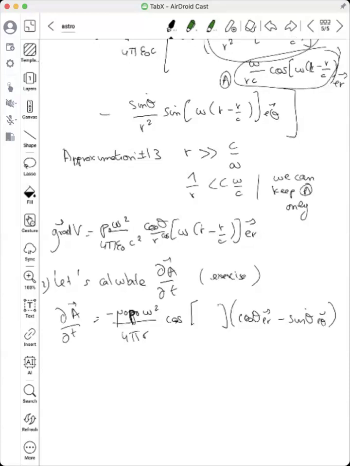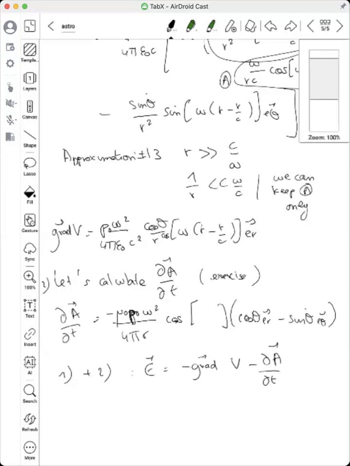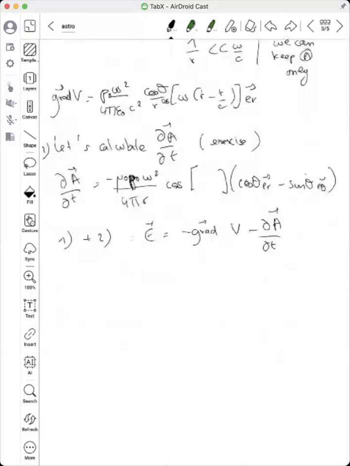And now I need to use both 1 and 2, okay? Because E is minus grad V minus dA over dt. Right? So here again, there is a trick. But this I will also give you as an exercise.